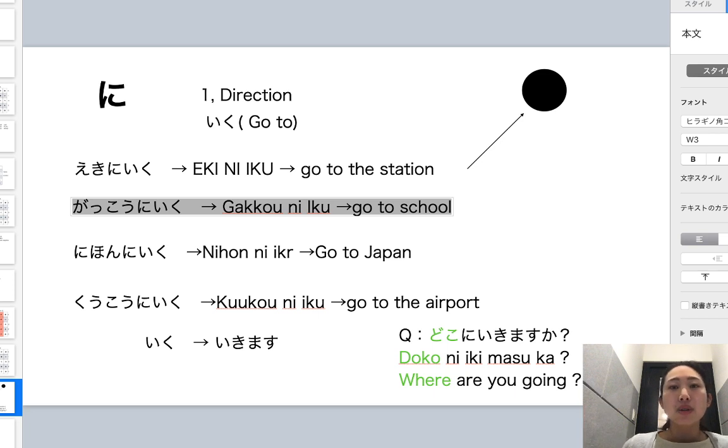You can use it for elementary school, junior high, high school, and also university or any other special schools, or even for private school. You can use 学校 for anywhere you learn something from a teacher. Okay? Great. So when you see 学校, が is what we learned today.